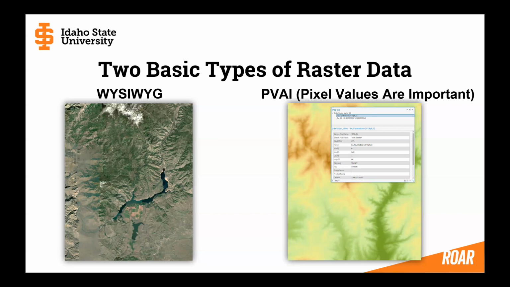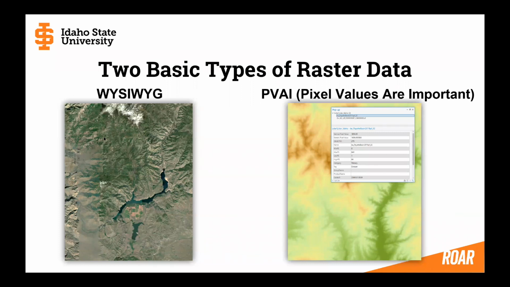That is where what we're really interested in is being able to click on a given pixel, and then we see the elevation value. This is the pixel that I clicked on when I did this screenshot, at an elevation of 1,856.65 meters. So in that case, pixel values are important.